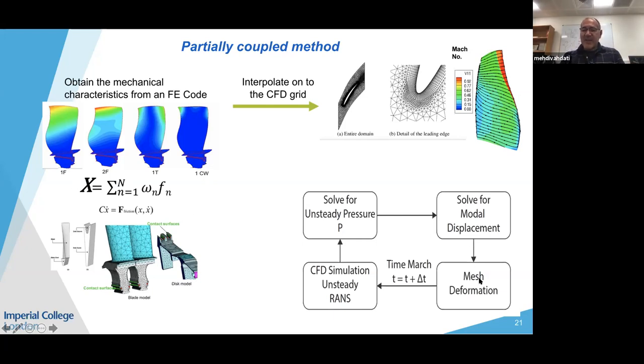According to this displacement, we deform our mesh, move to the next time step and compute another CFD URANS computation. This is the way we do our computation. It's called uncoupled in the sense that the structure motion is slightly lagging the fluid motion, but due to the frequencies we have for gas turbine turbomachinery components, this assumption has not proved to be too bad.